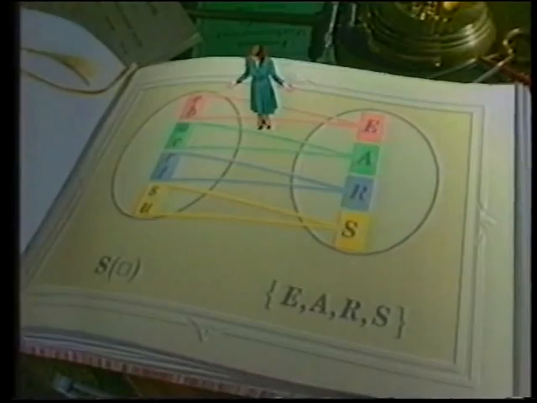Now, obviously this mapping isn't 1-1, so it isn't an isomorphism. So what can we say about it?